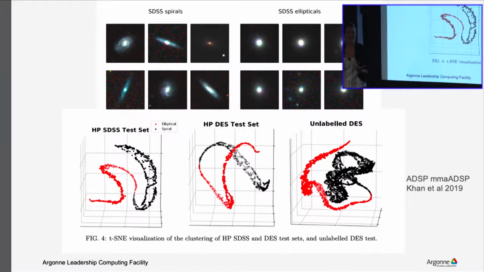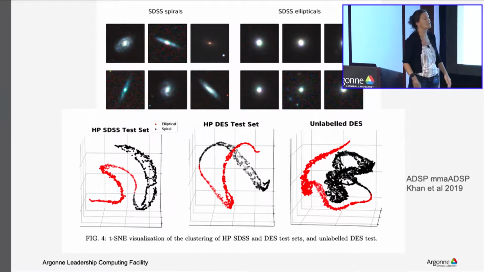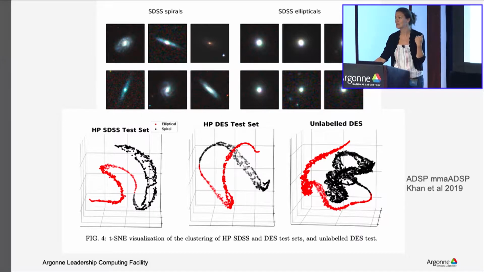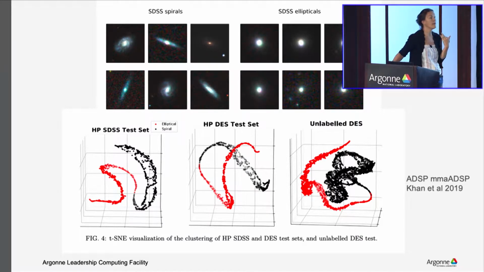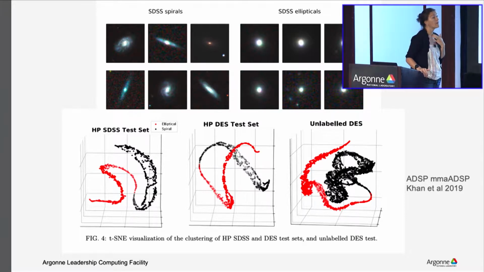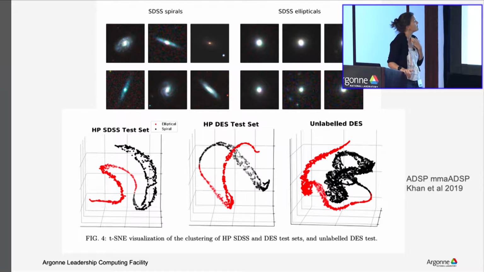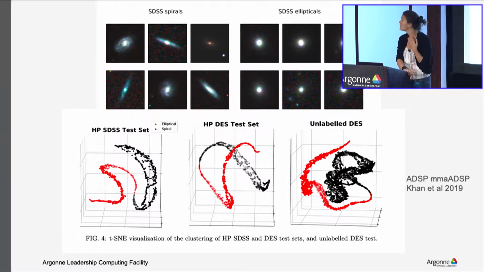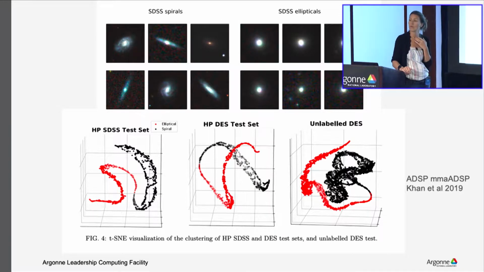Can anyone take a guess as to why the network found that? The black dots correspond to spiral galaxies and the red dots correspond to ellipticals. Yeah? Just to guess, is it the chirality of spirals? The chirality of spirals? Right-handed, like clockwise or counterclockwise.